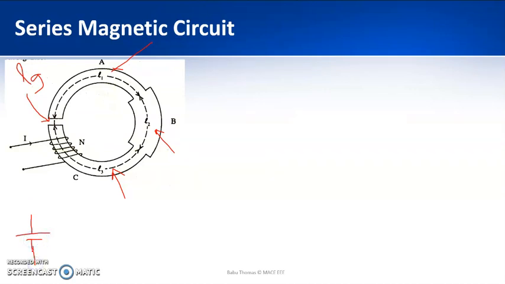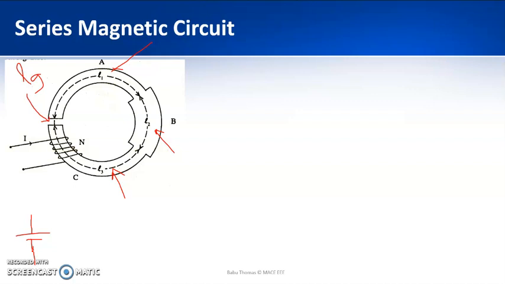Now when you are looking at this particular circuit, you would be able to see four different lengths, L1, L2, L3 and Lg. All these lengths are representing corresponding resistances. The entire length L1 will have a particular resistance or reluctance. L2 again will have its respective reluctance, L3 will have its respective reluctance, and the air gap length will also have some reluctance.